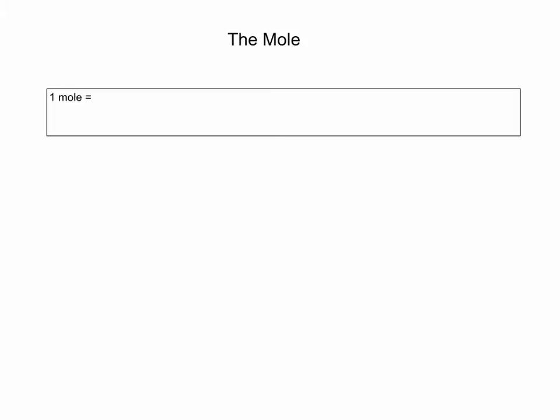So what is the mole? What does it have to do with chemistry? Well, just like a dozen is used to represent a large number of items, such as donuts, so a dozen donuts is 12 donuts, 1 mole equals 602 followed by lots of zeros particles.